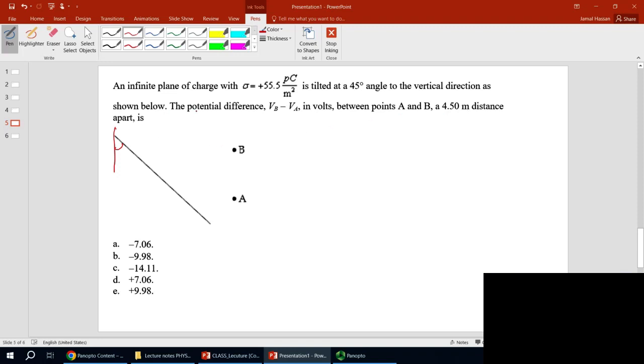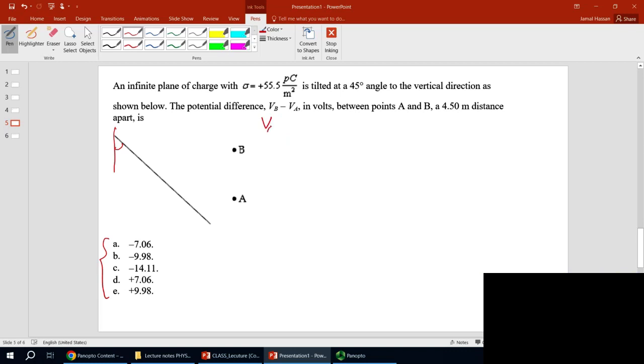So the question simply asks us to find the potential difference VB minus VA, and we have 5 choices, so one of them should be correct. Okay, so first thing, in order to find the potential difference between these 2 points, we simply follow the line integration.